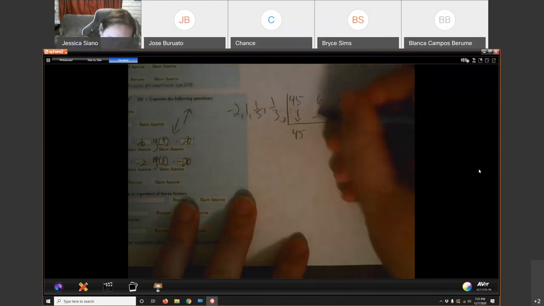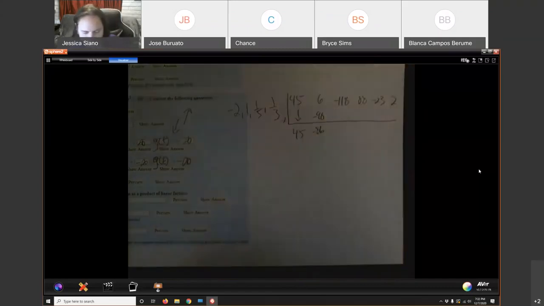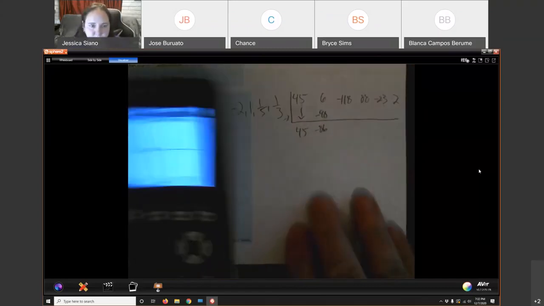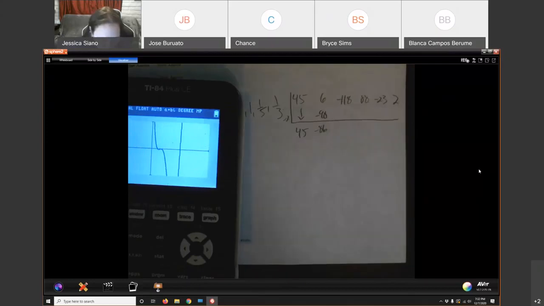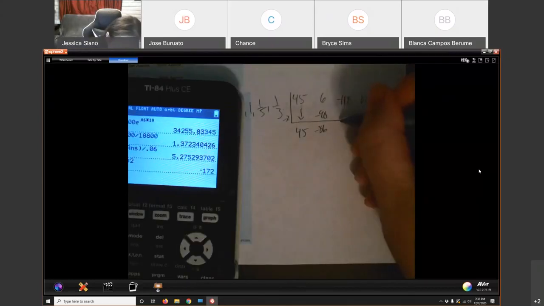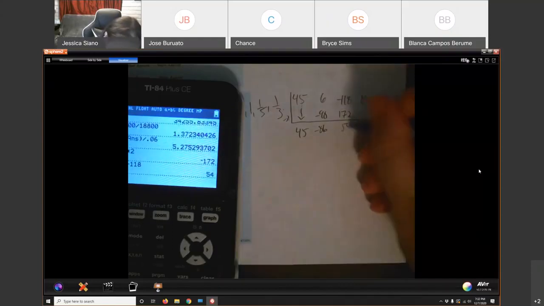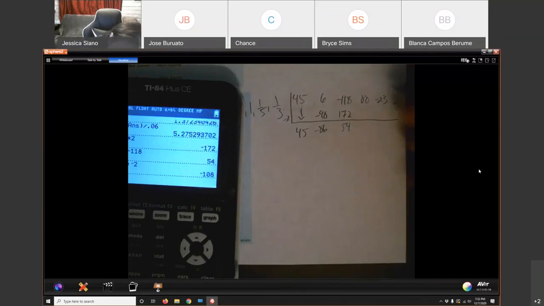It's negative 90, negative 86. Oh, that's a negative 2. So this would be a positive 172. 54. It would be a negative 84, actually. Negative 108. Going to be negative 20. Positive 40. What did I do?